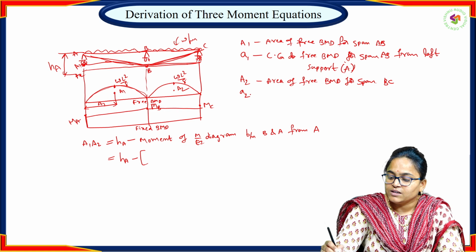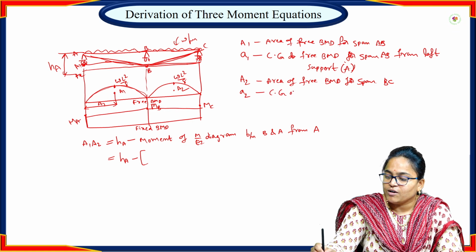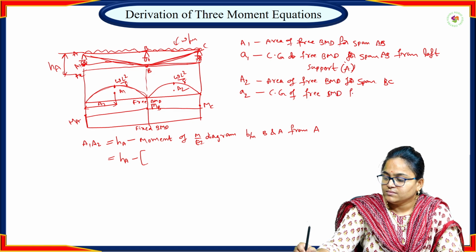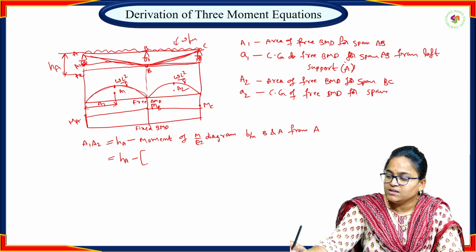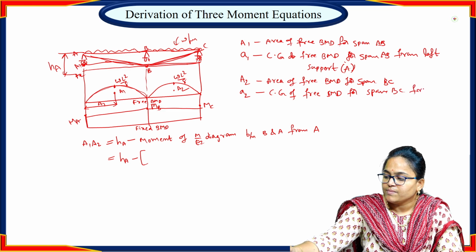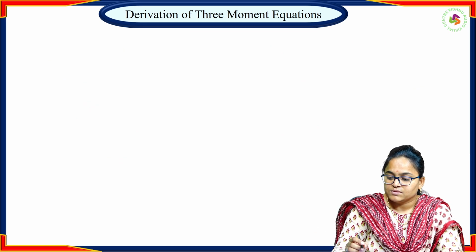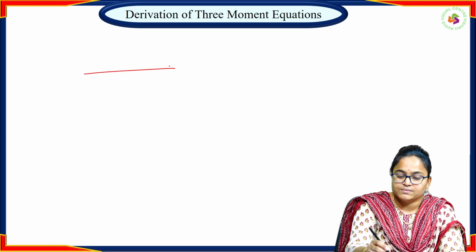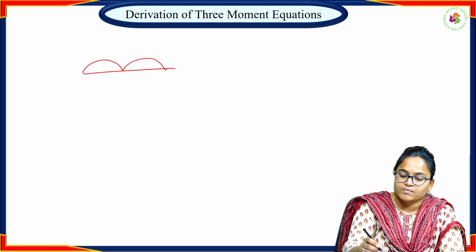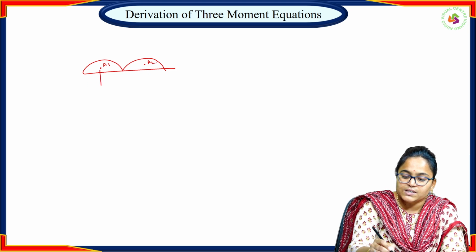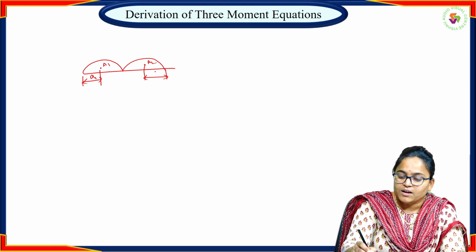Now let us consider small a2 as the CG of free BMD for span BC from support C. This is A1, this is A2, this is small a1 and this is small a2.